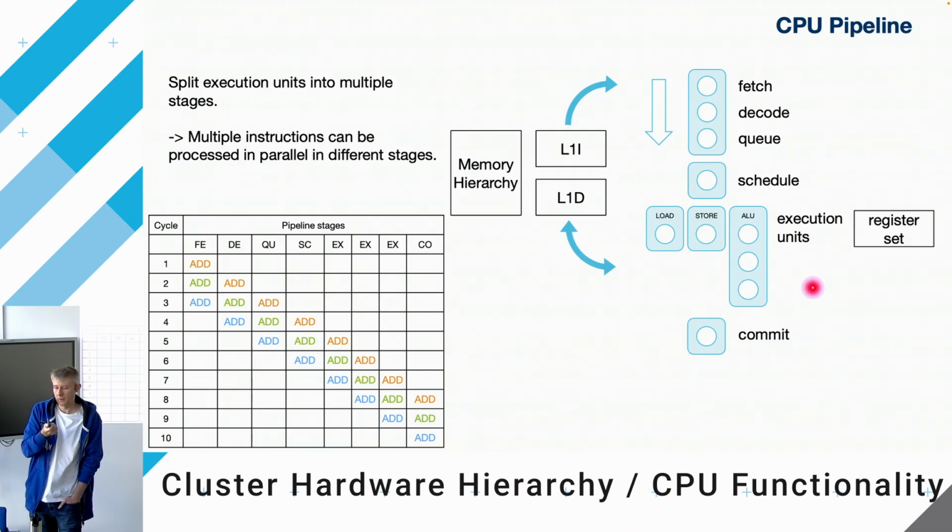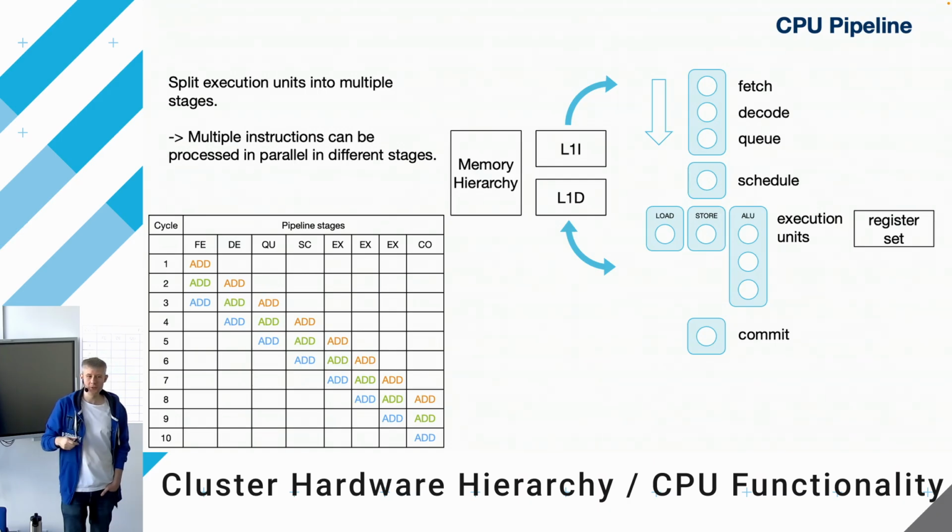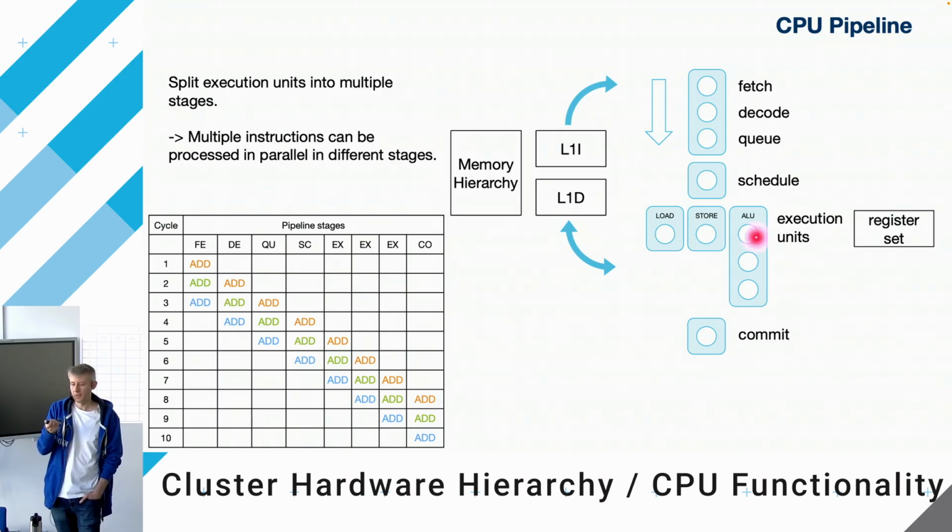Because, well, we assumed that one add instruction would only take one cycle, but there are other instructions, for example, the division instruction, which usually takes a lot of cycles because it's more complicated. And then it would stall the pipeline for a longer time.